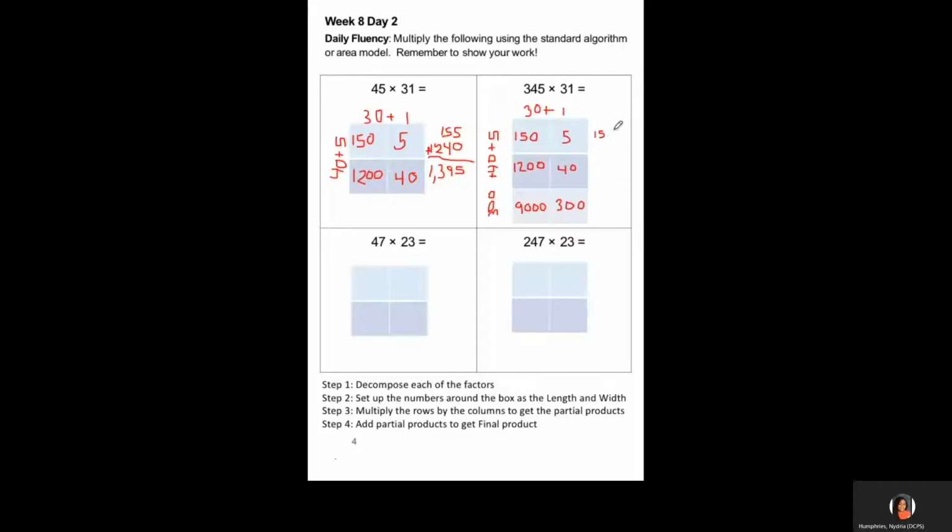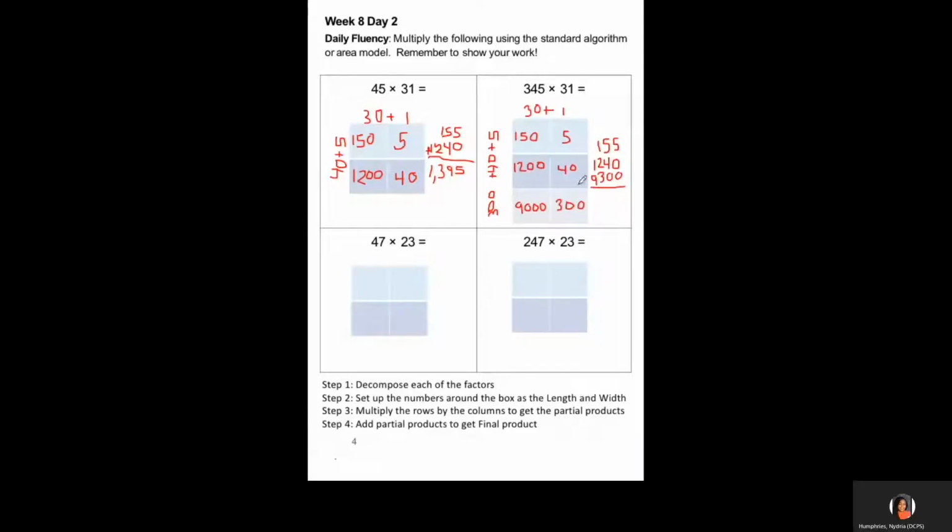So 150 plus 5 is 155. 1,200 plus 40 is 1,240. And then 9,000 plus 300 is just 9,300.